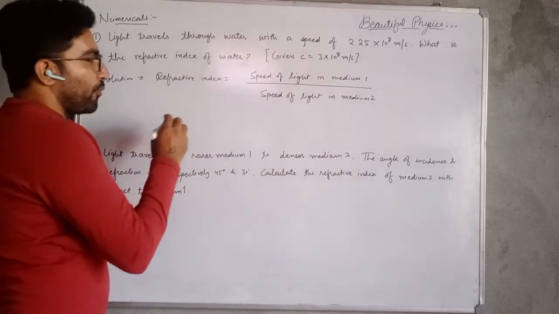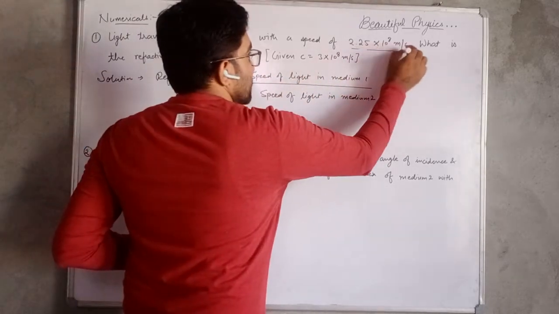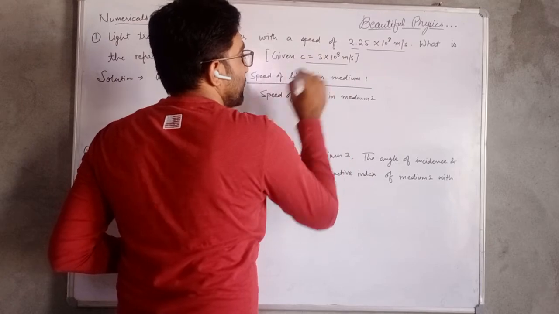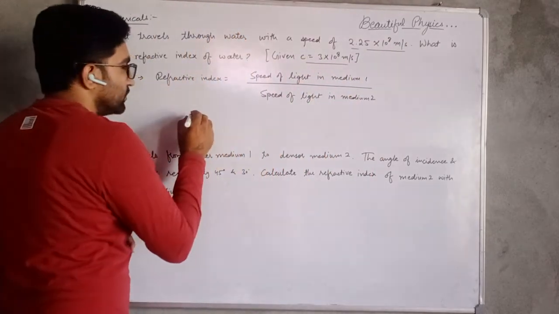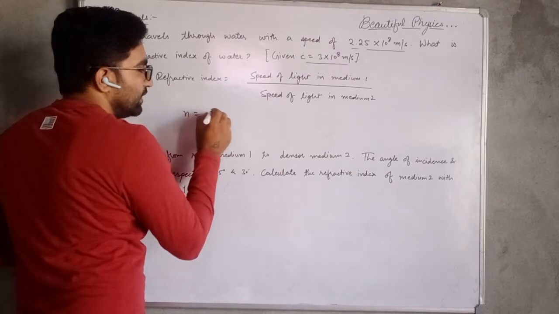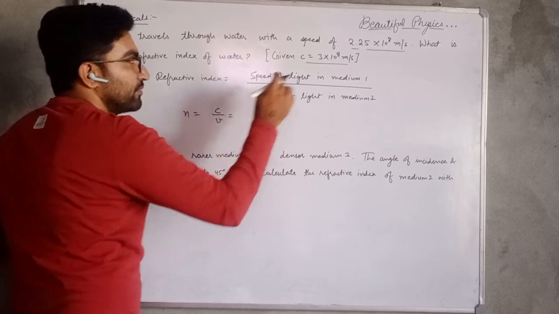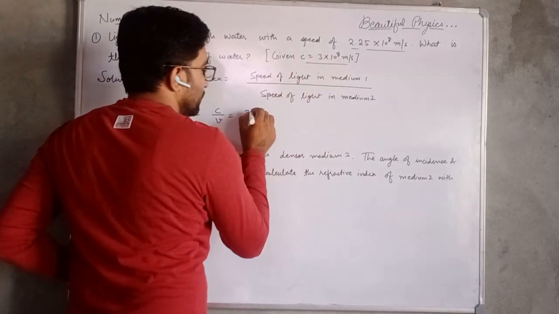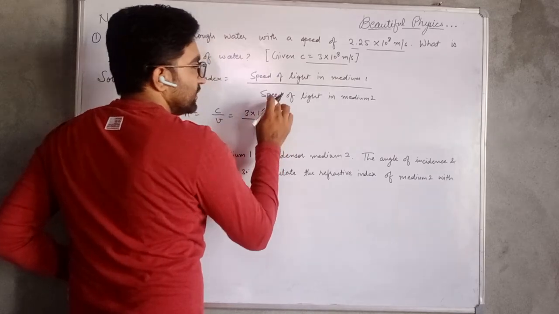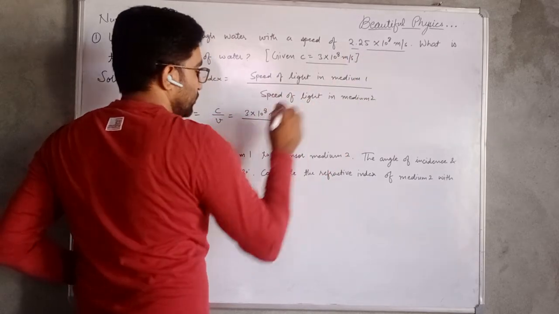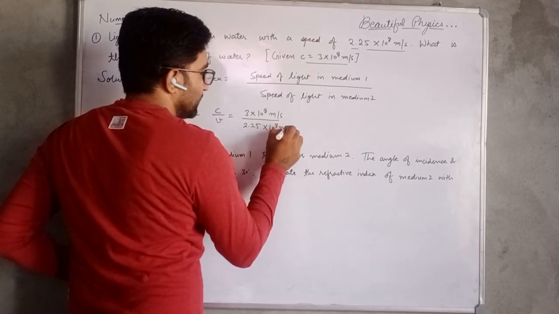The speed of light in water is this one, and speed of light in vacuum, here the vacuum is medium 1 and water is medium 2, so the refractive index n is equal to c by v, and the value of c is 3 into 10 raised to power 8 meter per second by speed of light in medium 2, which is 2.25 into 10 raised to power 8 meter per second.